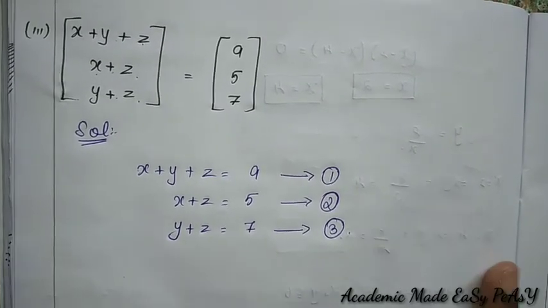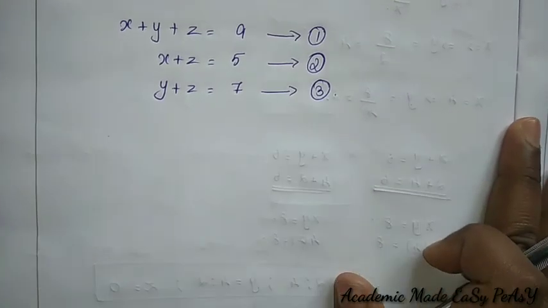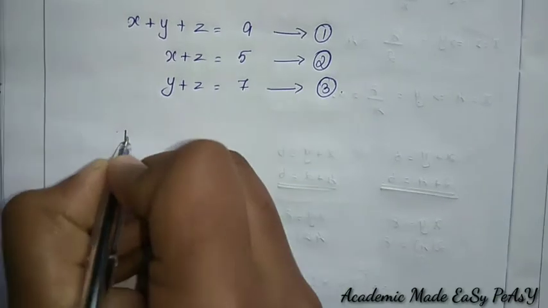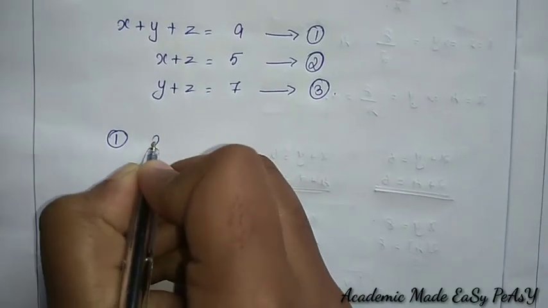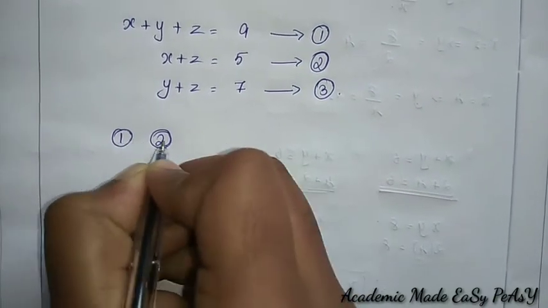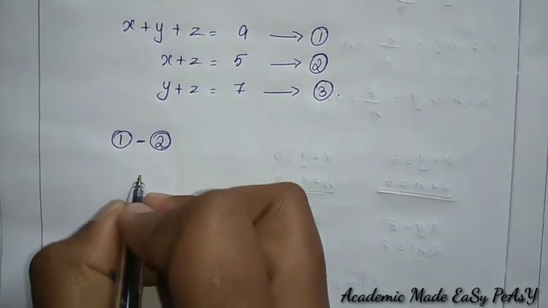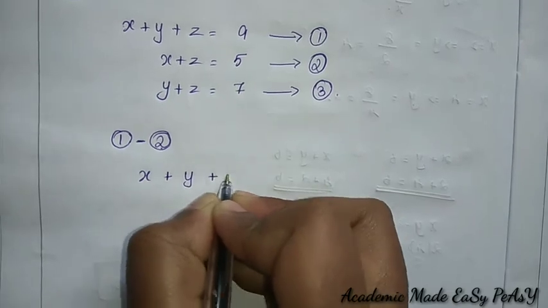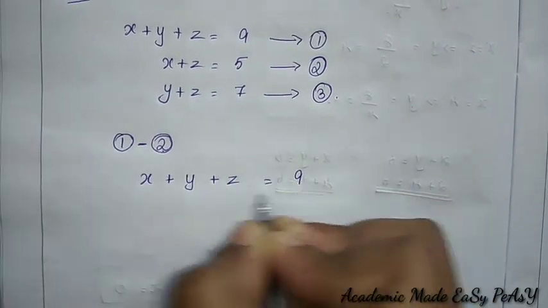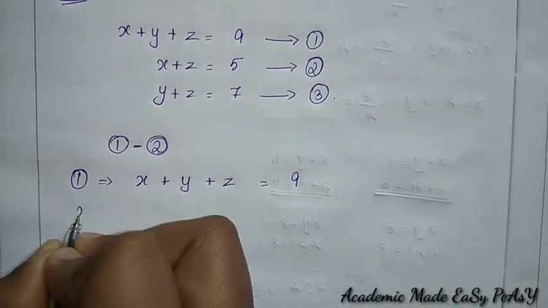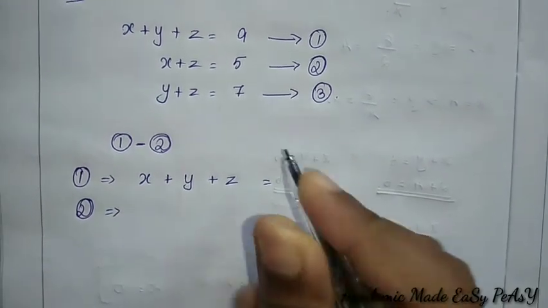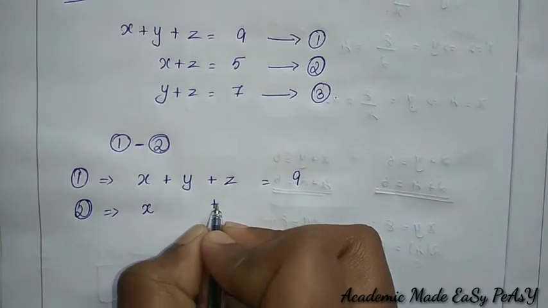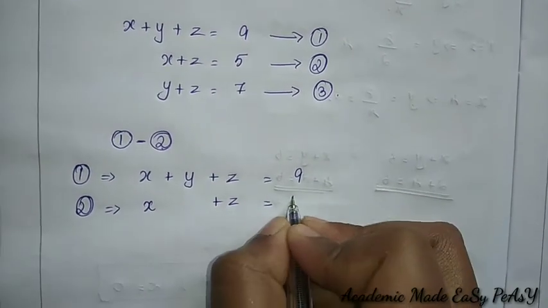Okay, so there is a very simple method for you. Let me teach you now. First I'm taking equation 1 and equation 2 and subtracting equation 2 from 1. So here, x plus y plus z is equal to 9, this is equation 1, and in equation 2, x plus z is equal to 5.